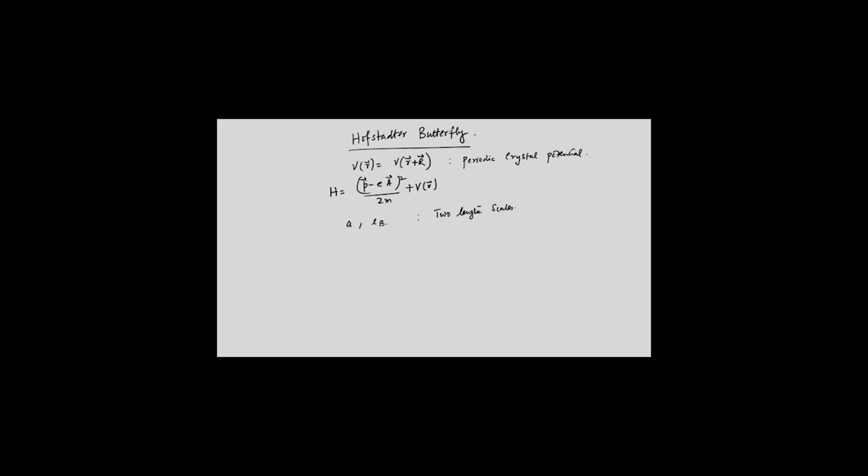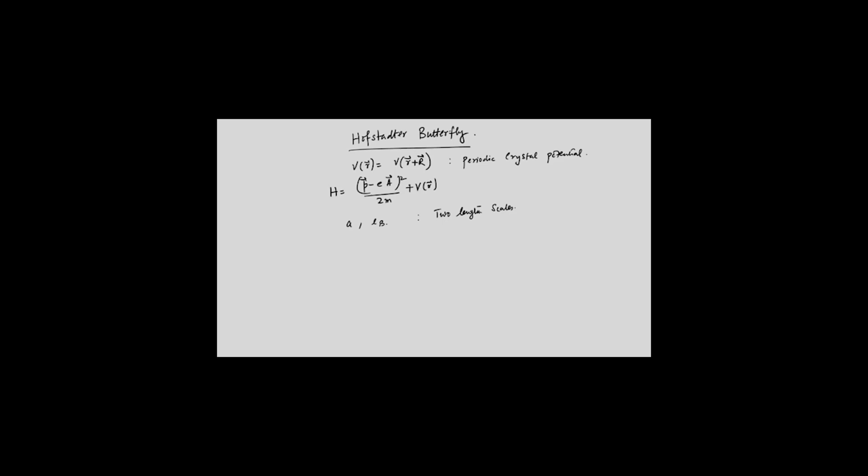So, it is basically the interplay of these two, and the Hofstadter butterfly basically arises when this ratio of these two, a and l_B, is a rational fraction. In fact, more interesting physics arises when the ratio is not a rational fraction, but an irrational fraction, but of course, we will not discuss it here.